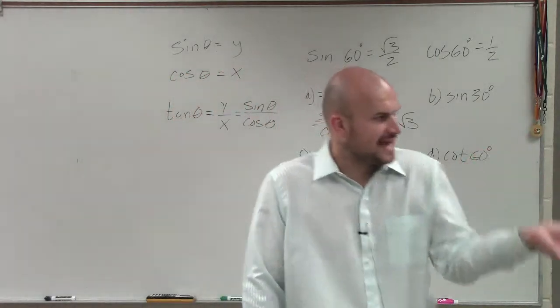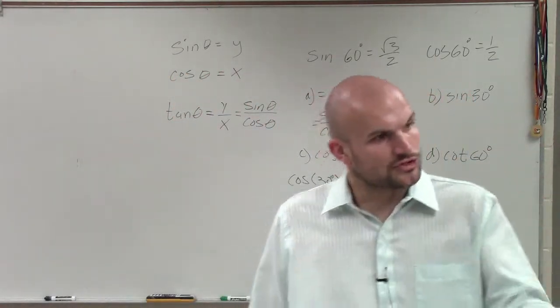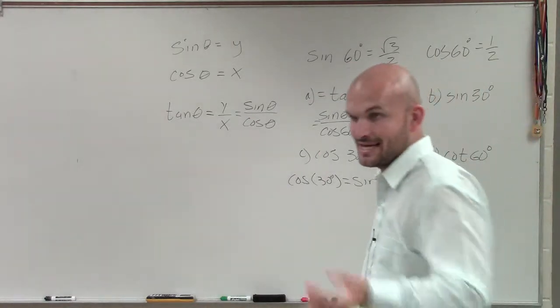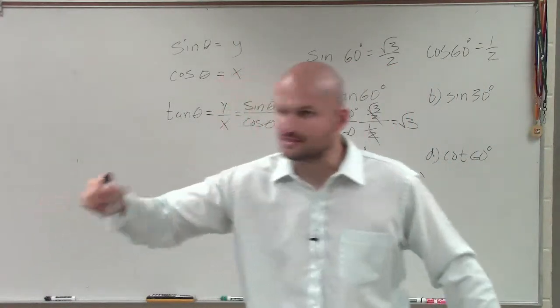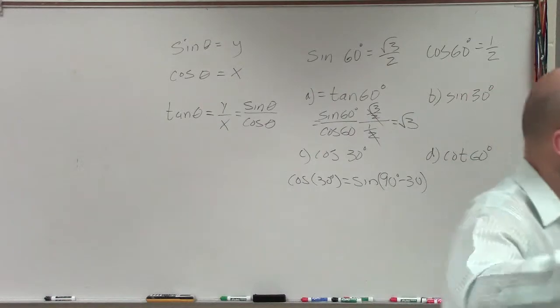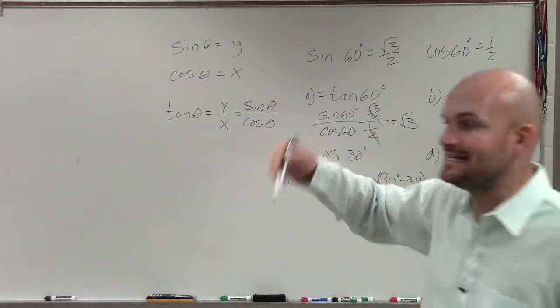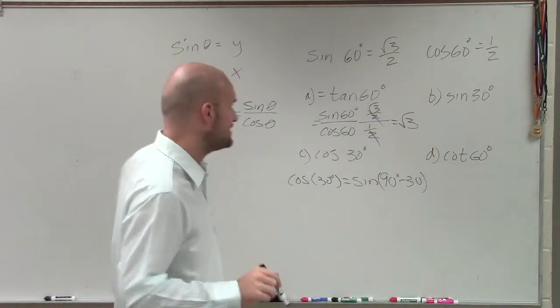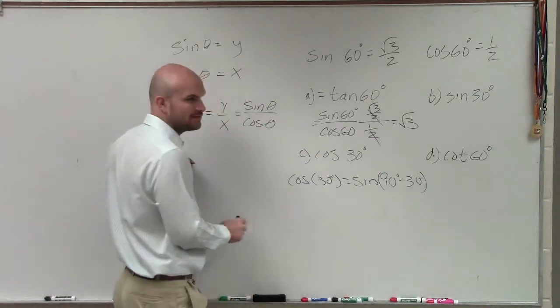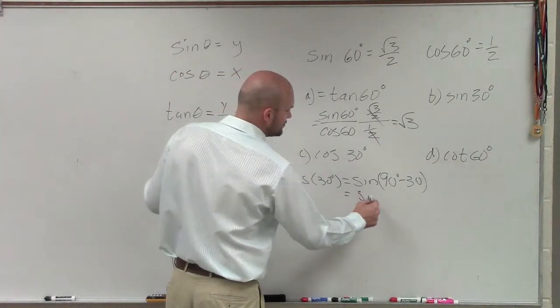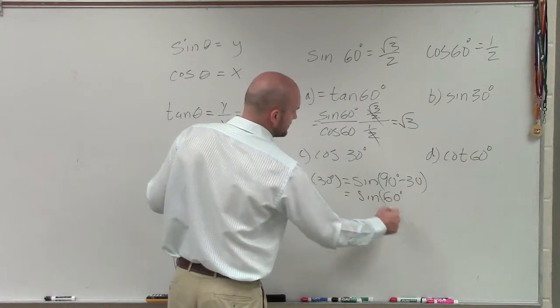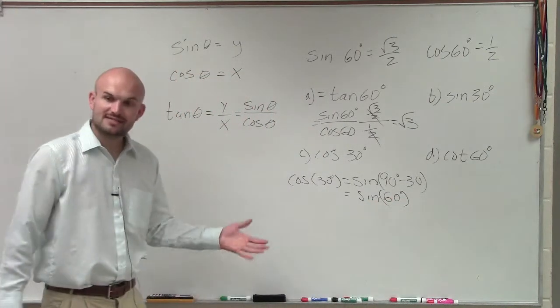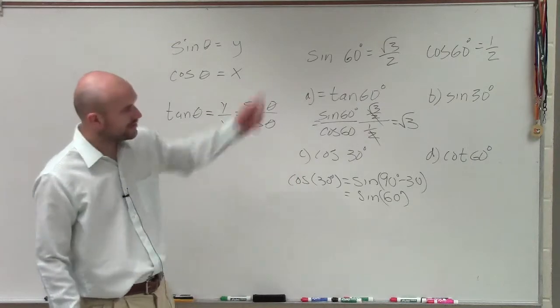The cosine of theta is equal to the sine of 90 minus theta. You wrote them down in your notes. The sine of theta is equal to the cosine of 90 minus theta. They're in your notes. So therefore, cosine of 30 is equal to the sine of 60. Do we know what the sine of 60 is? Yeah, square root of 3 over 2.